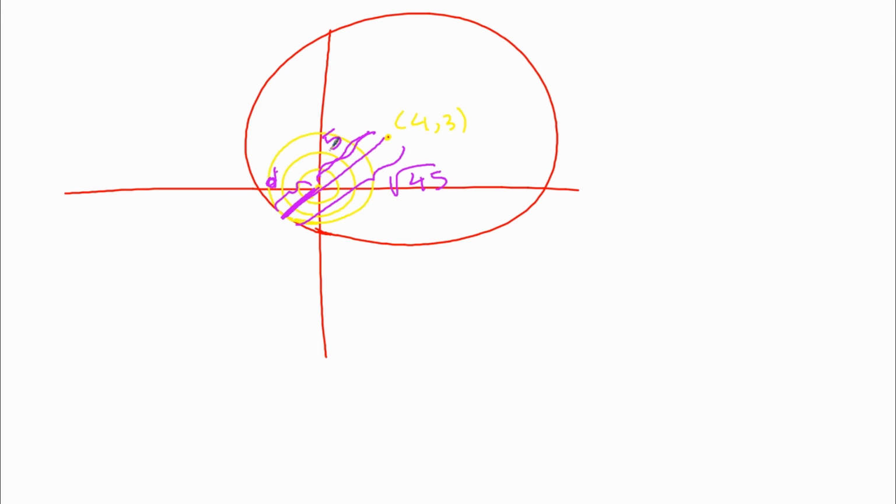This would be 5. So the distance that we are looking for is equal to square root of 45 minus 5. And if we simplify the square root of 45, that is square root of 9 times square root of 5 minus 5. This would be 3 square root of 5 minus 5.